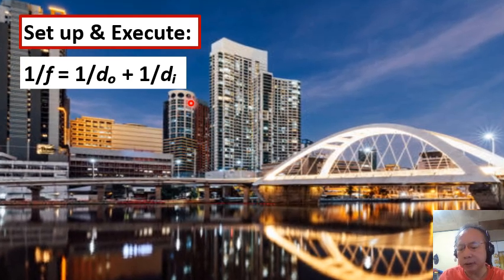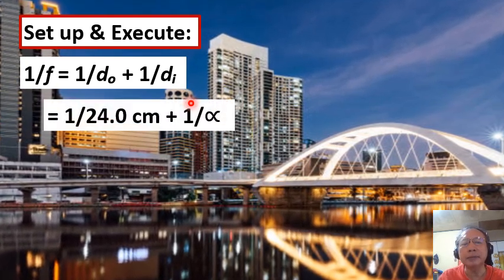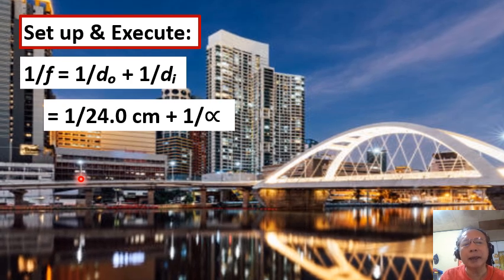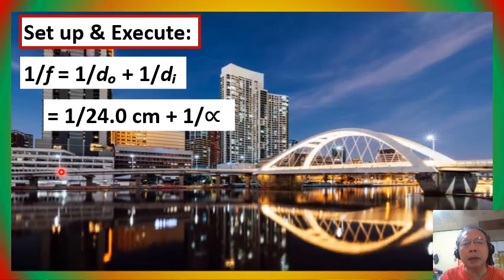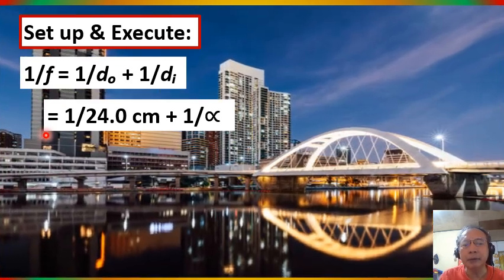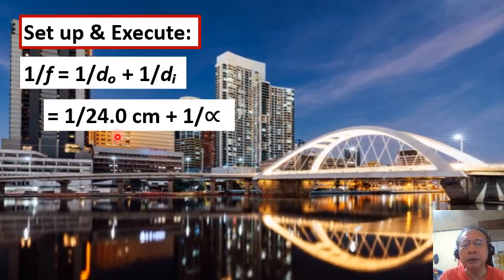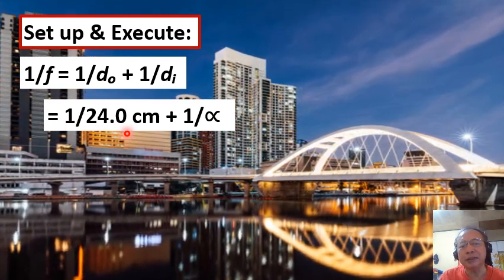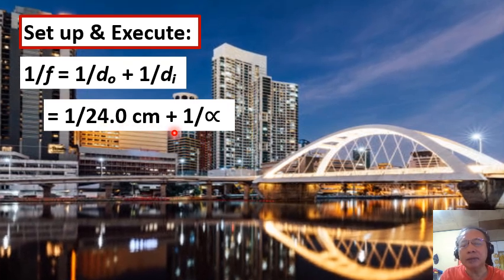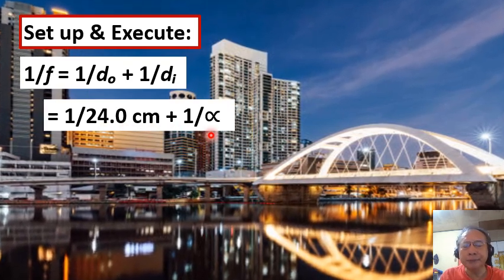So substituting the given data, we have 1 over f, or the reciprocal of the focal length required, is just equal to 1 over 24.0 centimeters plus 1 over infinity.